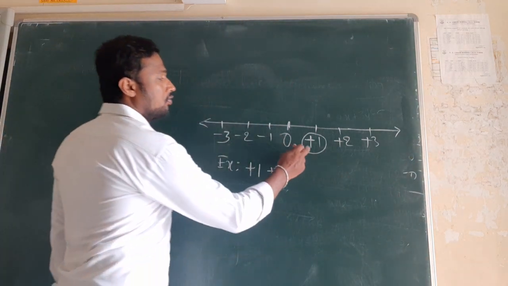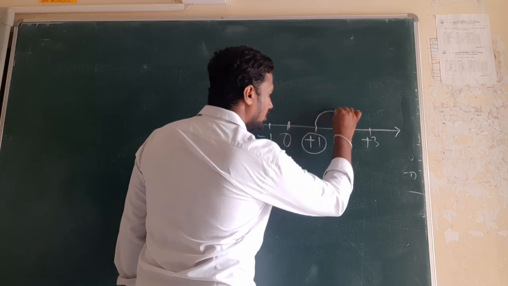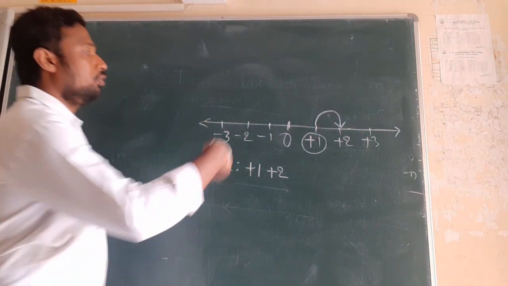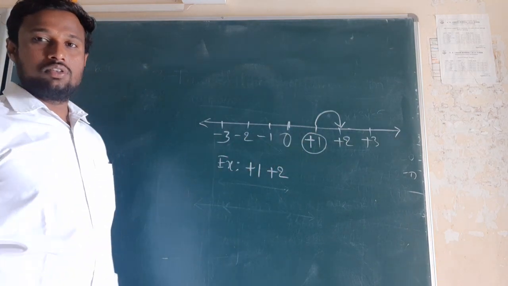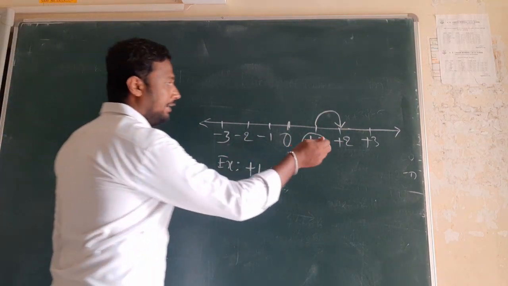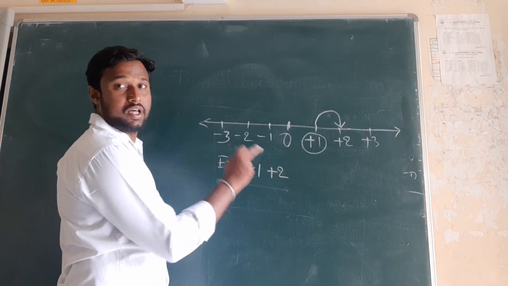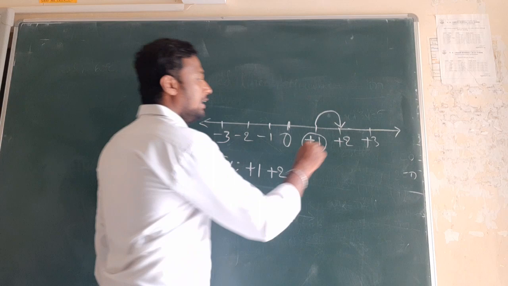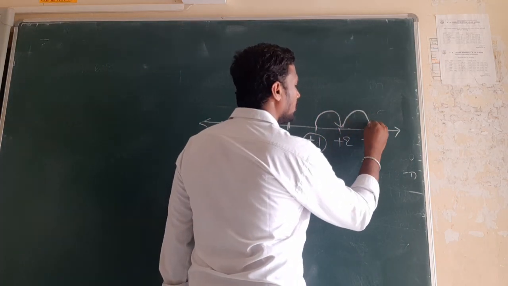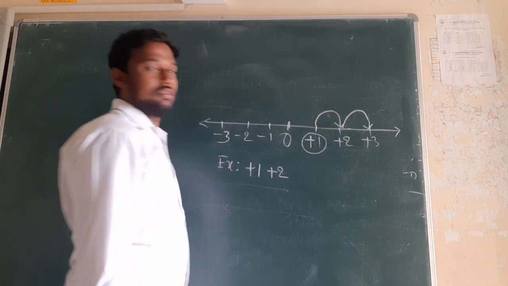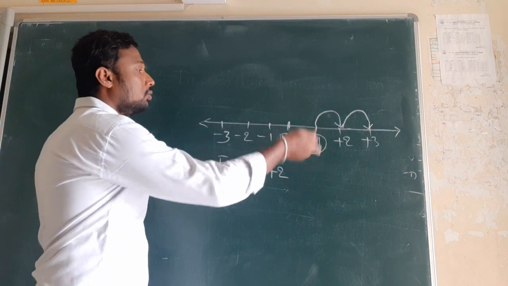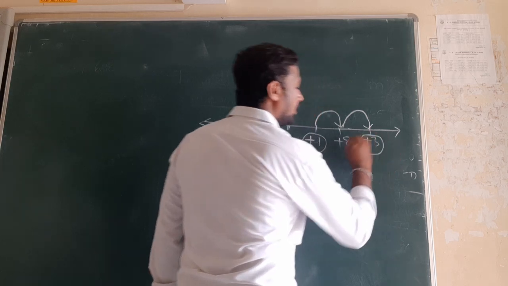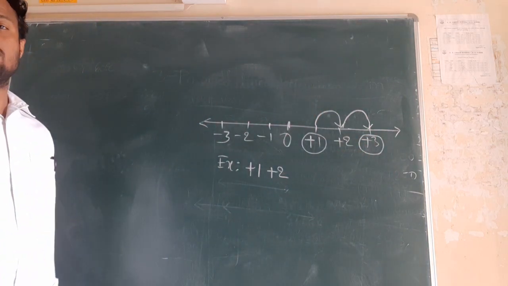So from this +1, first step, this is one step moved towards the right hand side. Next again I have to move, because we are adding 2 here, so we have to move 2 times. Therefore, one more time I will move from this step. So after moving 2 times towards the right side, we will get the answer, that is +3.